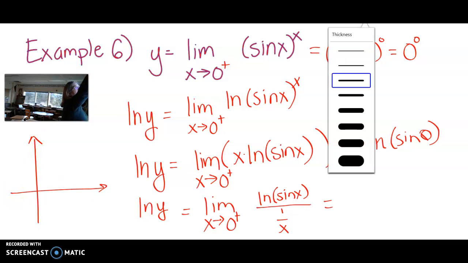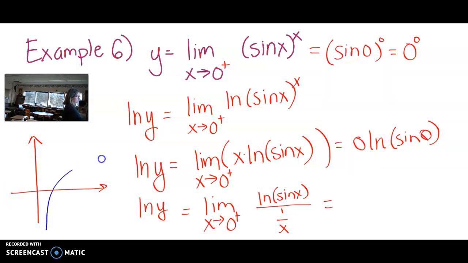It's a graph. It's the inverse of e to the x. And as x approaches 0, the y coordinates are approaching negative infinity.